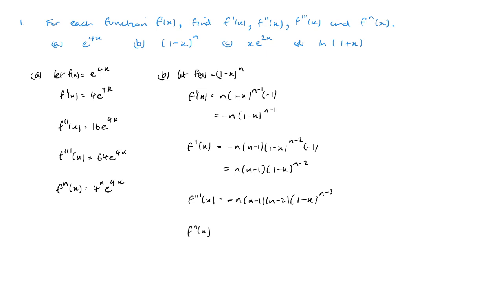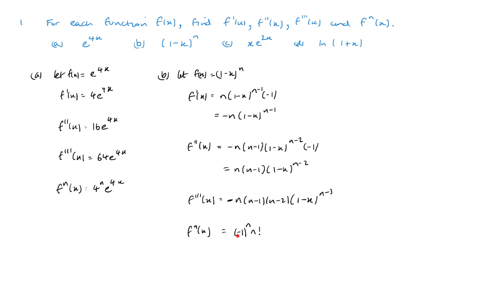Now that part of it can be written as n factorial. Now it's alternating sign, so negative sign, positive sign, negative sign. So this is going to be times by minus 1, I think, to the power n.